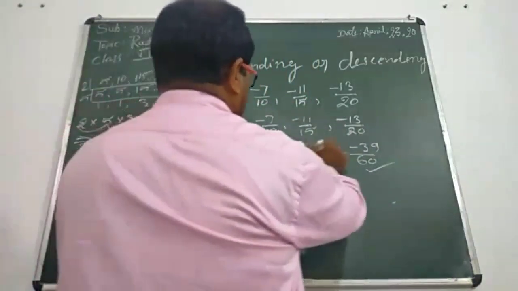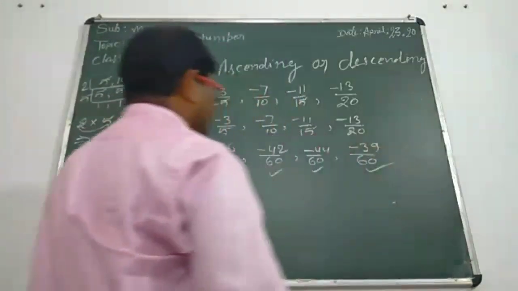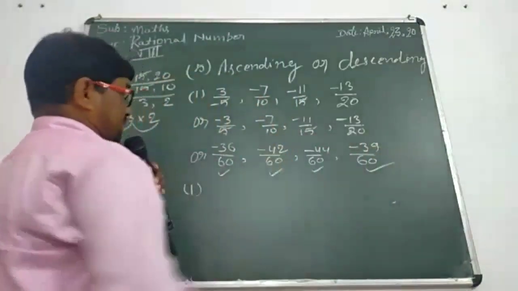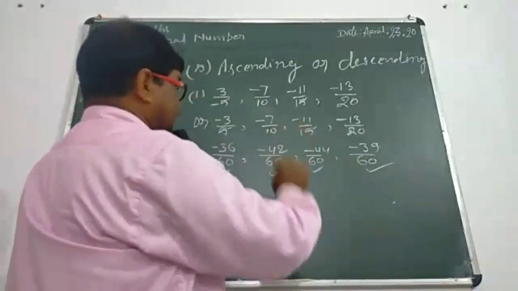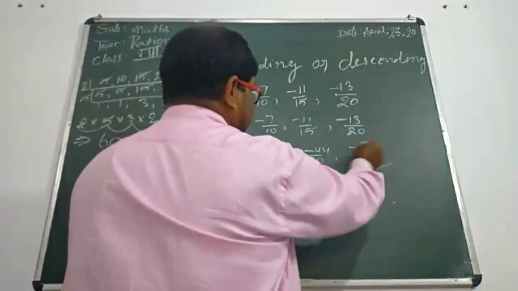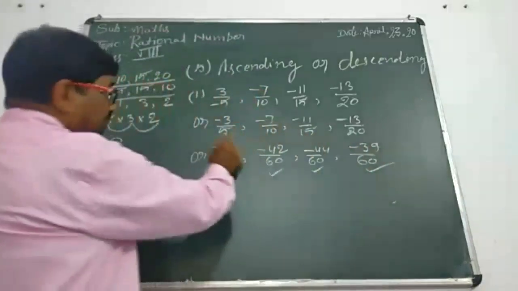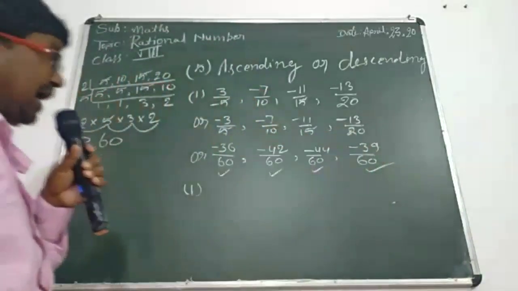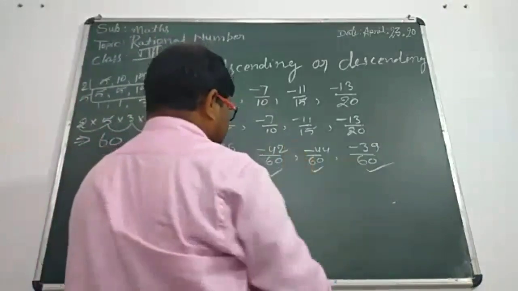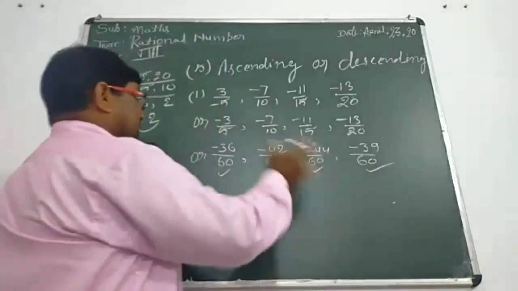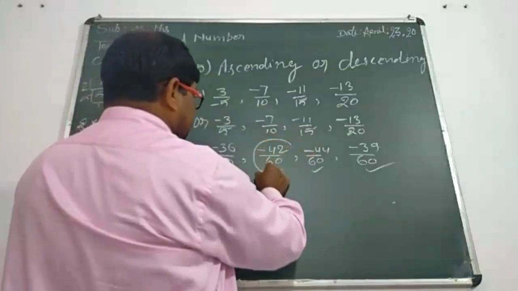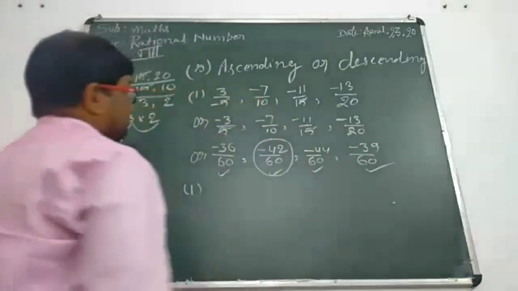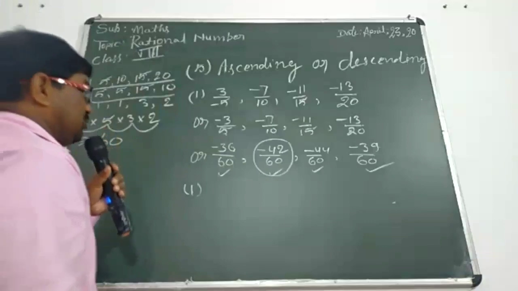The numerators are minus 36, minus 42, minus 44, minus 39. Minus 42 is the smallest among minus 39, minus 44, minus 36 according to the number line, because minus 46 is on the left side. So this is the smallest rational number, minus 42.